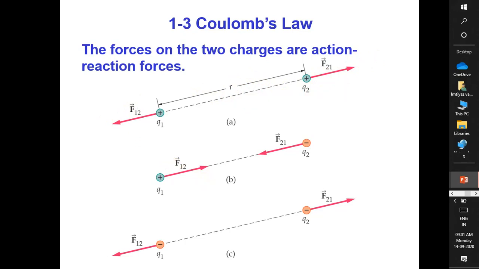Now see here, we have another figure. In figure 2, there are a positive charge and a negative charge. Since one is positive and the other negative, the force between them becomes an attractive force.